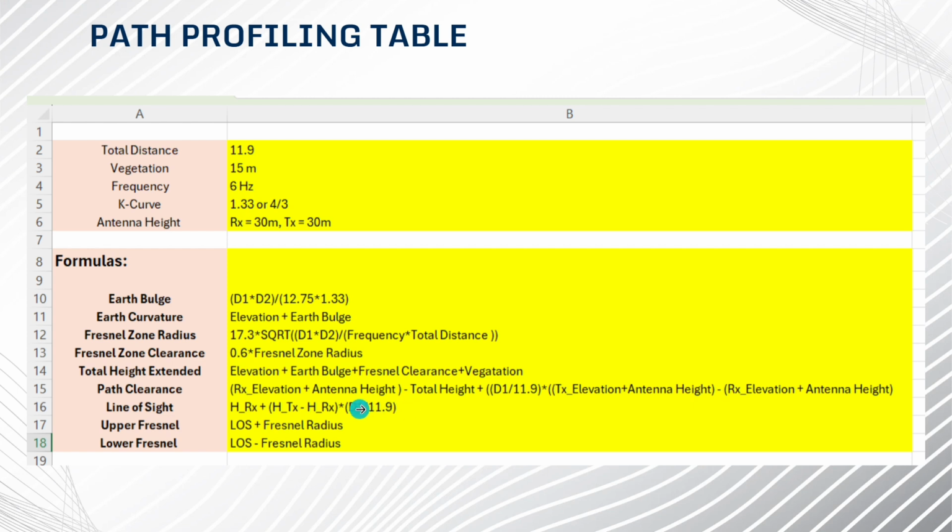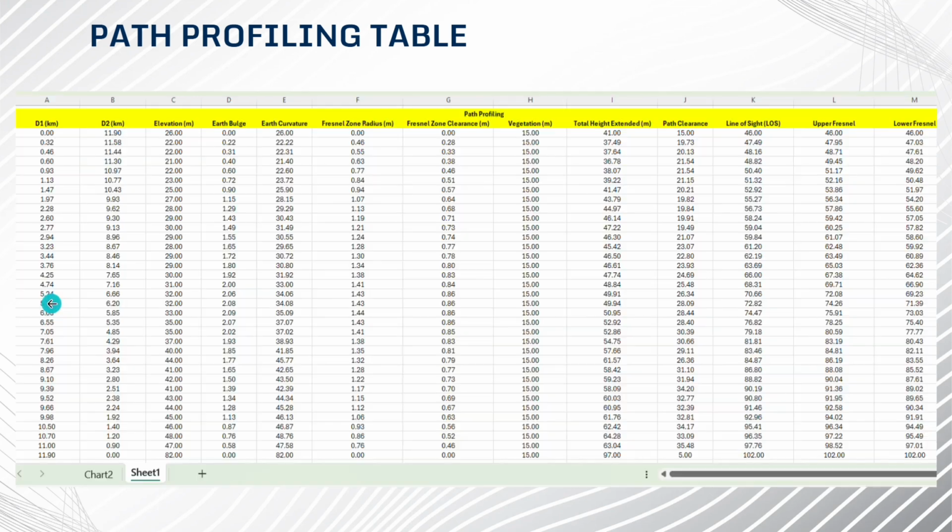For the upper Fresnel, LOS line of sight plus Fresnel radius, and for the lower Fresnel, LOS minus Fresnel radius. By utilizing the formulas, we can determine the total height extended and line of sight for the microwave profiling or microwave beam.